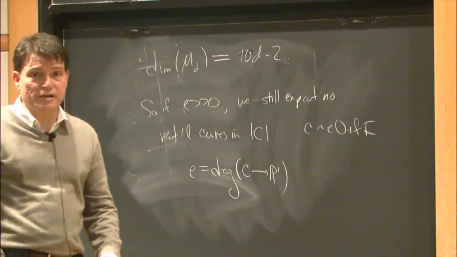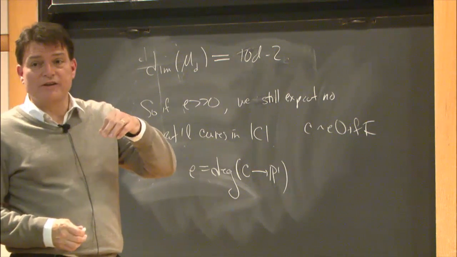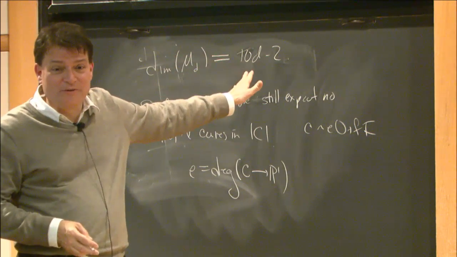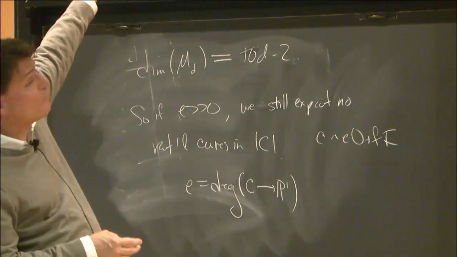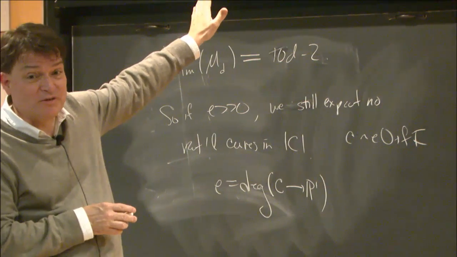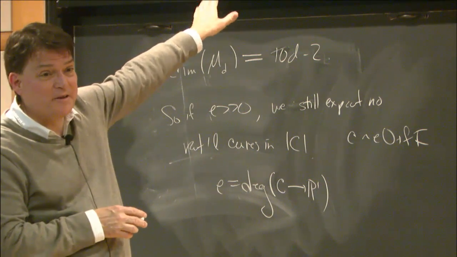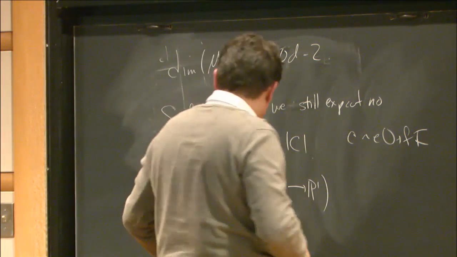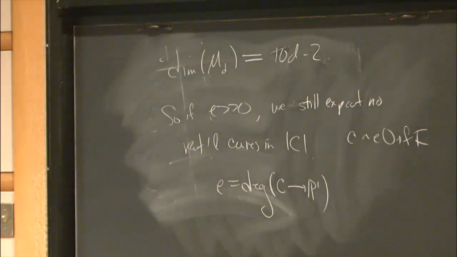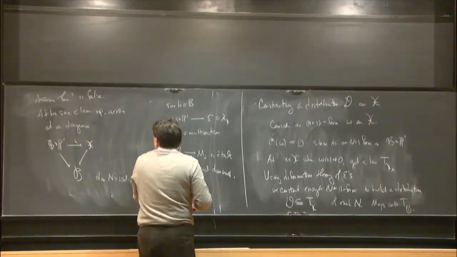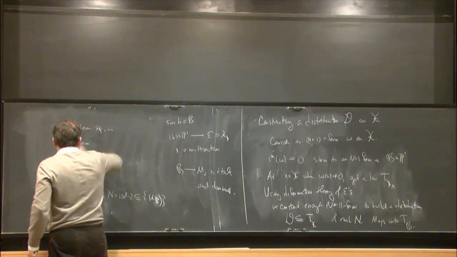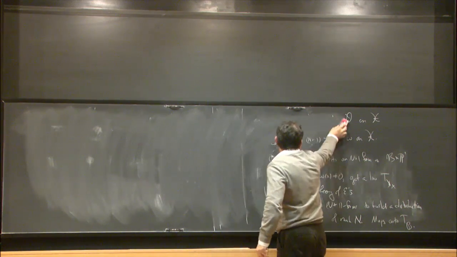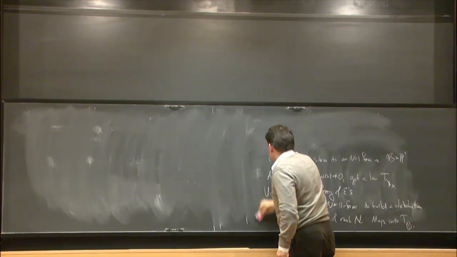So the speculation here is that there are no rational multisections of very large degree over the base, and you shouldn't take the numbers here at all seriously, because I made the simplifying assumption that I had a Pic with Z^2. The Pic could be much more complicated, and the numerics are more complicated in general. I don't stand by the numbers that are thrown out by this. I'm just putting this forward as a suggestion for expected behavior. Okay, so that's a conjecture we can make, which I am willing to make.